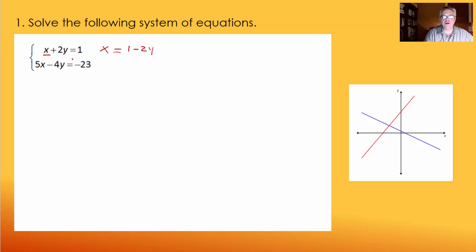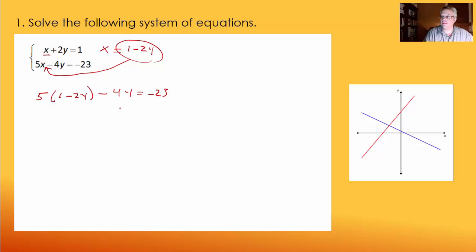If I subtract 2y from both sides, it's going to cancel here, and over here I have 1 minus 2y. That's where that came from. So now I can take that and substitute that in for x in this equation. So I'd have 5, I need parentheses because x equals the quantity 1 minus 2y. So it's 5 times all of that, minus 4y equals negative 23.